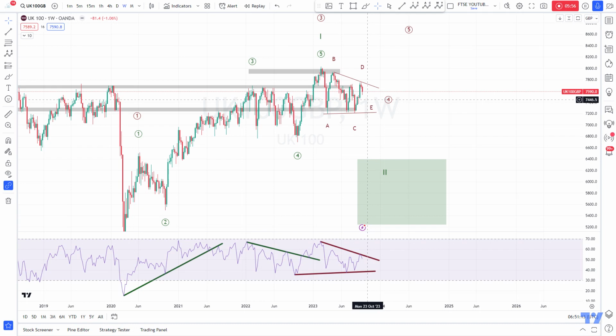And if this is the case, then I would call here for the triangle. So we have to see in the next days what exactly we get here, and also what the other indices are doing. But it's something that I'm following up.